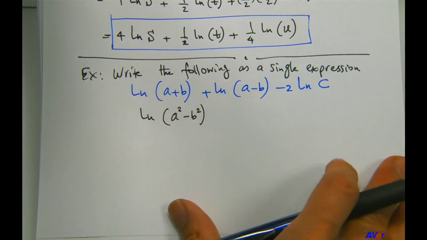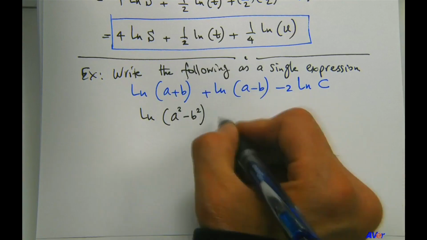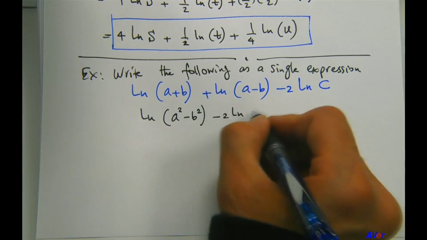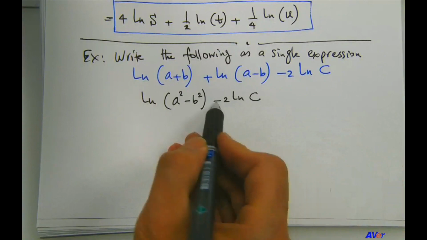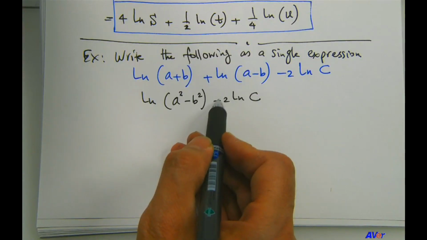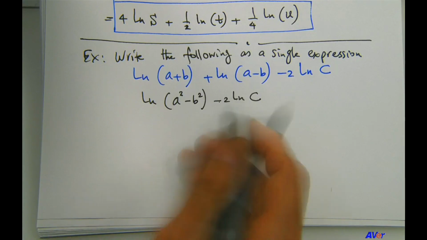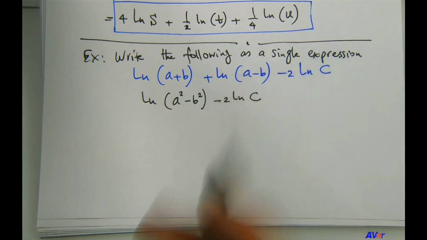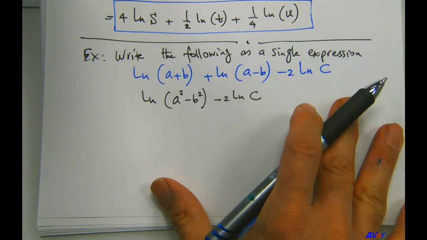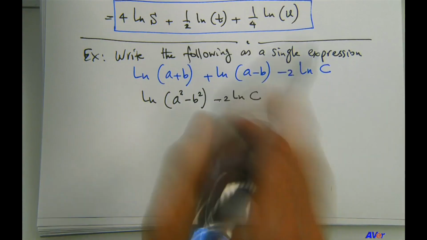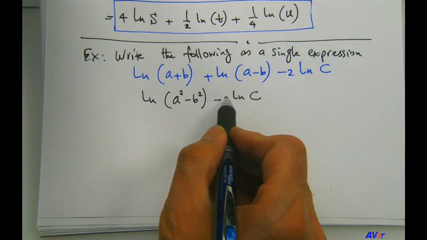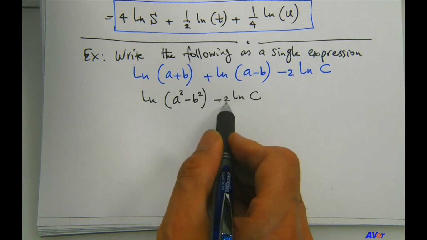It's useful even now. And then minus 2 times natural log of c. Now we have a subtraction operation between these two natural log terms, so we can change this into a quotient, right? But even before that, what can we do with this 2?